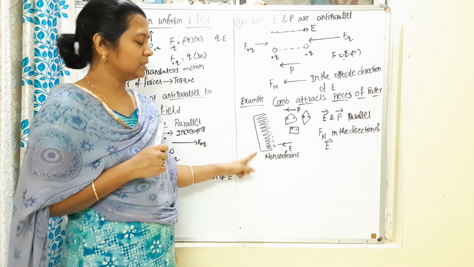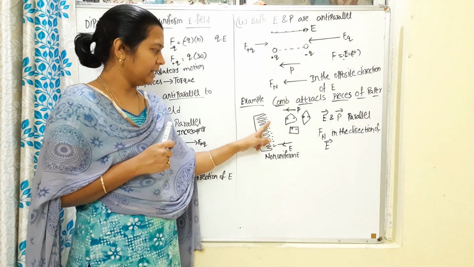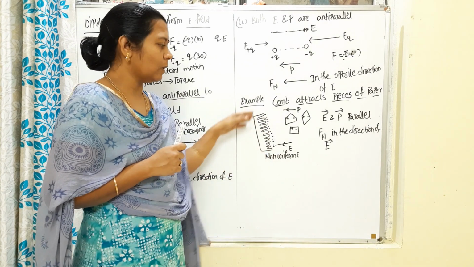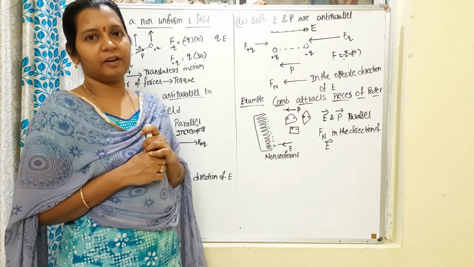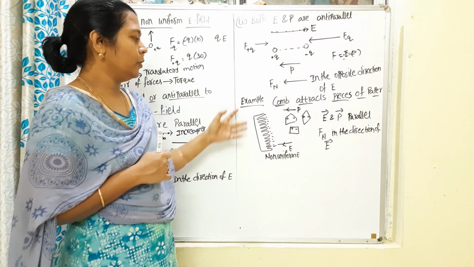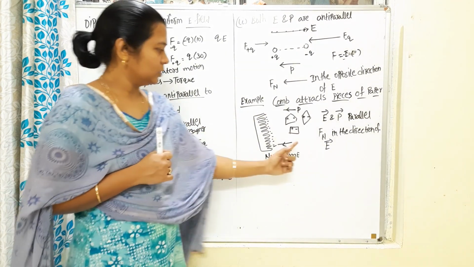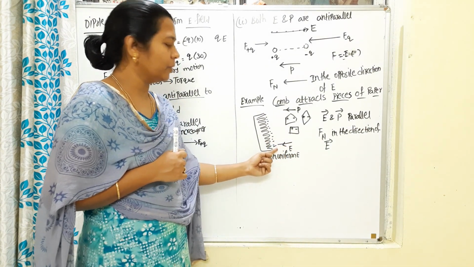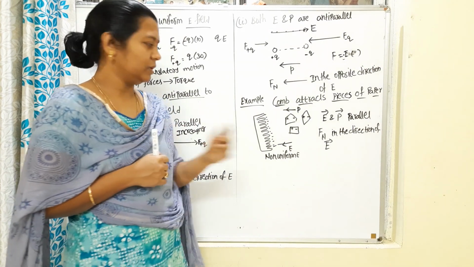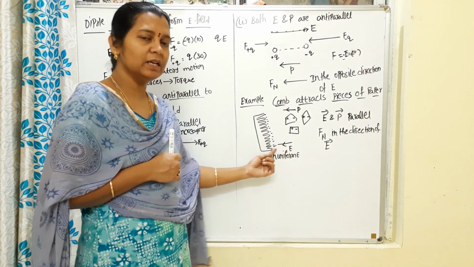The comb, which gets a negative charge, also creates an electric field which is non-uniform, that we need to remember: a non-uniform electric field. This indicates the direction of the electric field, and from point to point the electric field magnitude is increasing.